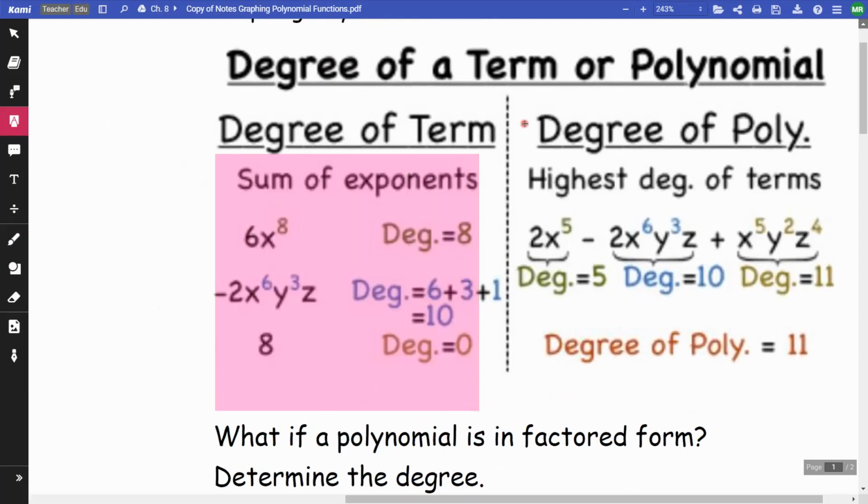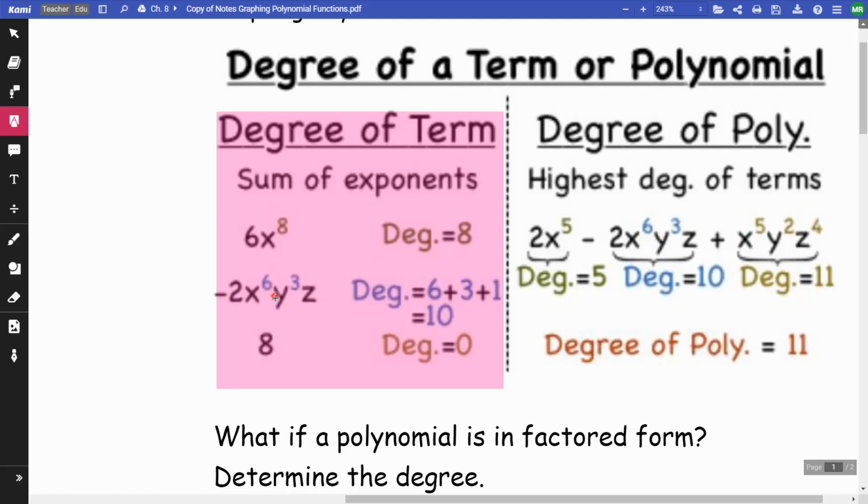is that if I'm trying to find the degree of a term, okay, which is this side of these two columns, it is the sum of the exponents of your variables. So this one here, this 6x to the 8th, there's an x to the 8th, that's the only variable, it is degree 8. This next one is a monomial also.